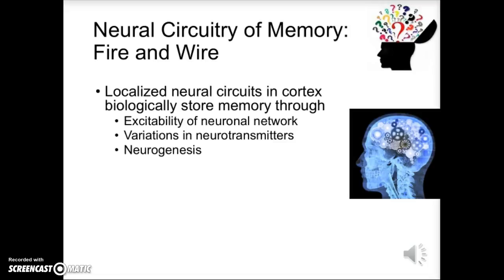You may change the neurotransmitters in the synapses between those neurons. And you can even trigger the development of growth in the neurons. This is called neurogenesis. So you can actually cause neurons to grow and reach out to one another. You can make the dendrites and the axons reach out and create a very dense connection.